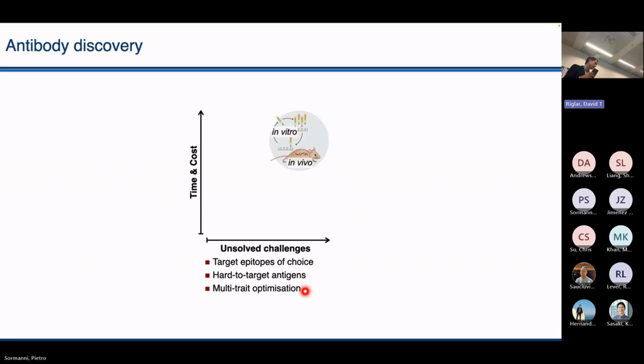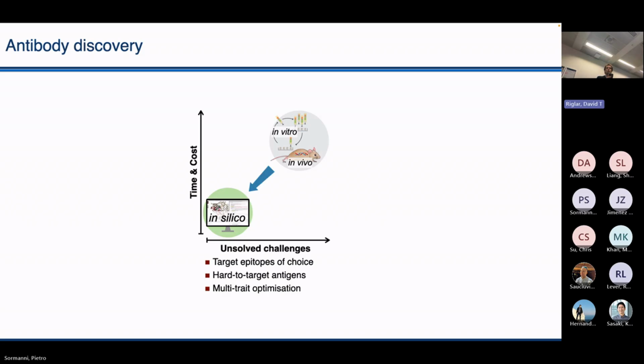And it's very hard to do what I have called here multi-trait optimization, by which I mean finding antibodies that not only are very good at binding, but also have a good balance of other key properties like stability, solubility, and so on. So let's say this region of space here is the knowledge gap we are trying to fill with our work.